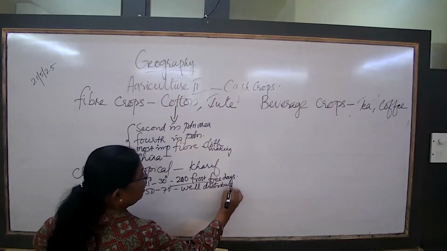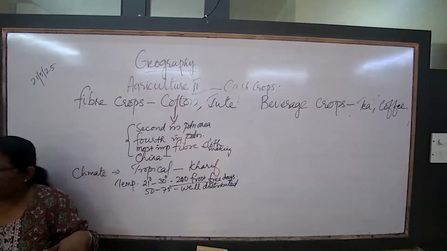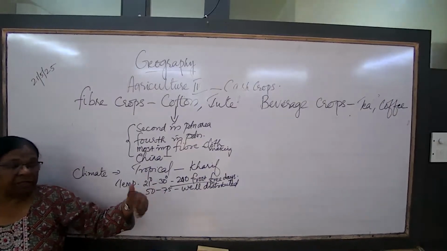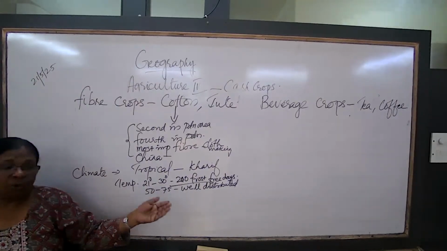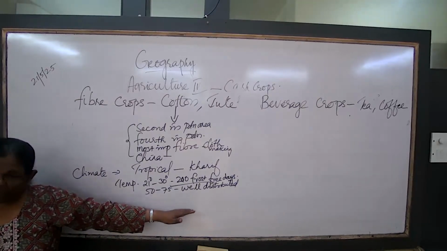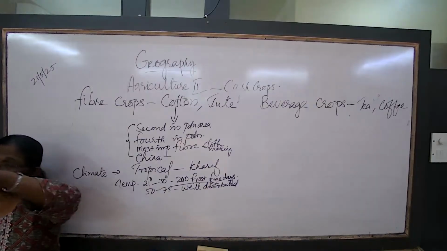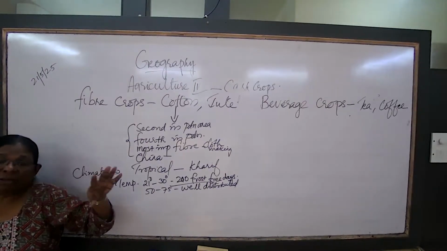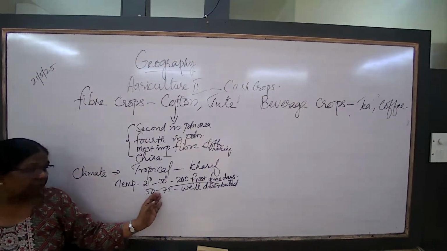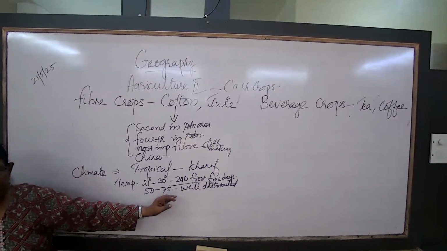It means if the rainfall is very high during a few days and there is no rainfall otherwise, that is not good; it should be evenly distributed. Otherwise the cotton bolls will get damaged. That is why well distributed. This much is clear?